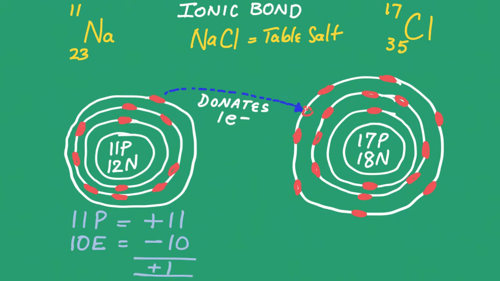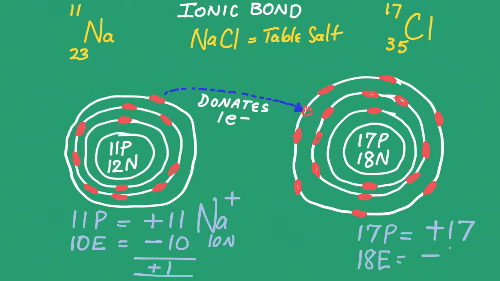It becomes more positive because it has given up 1 negative charge. The chloride, on the other hand, has received an electron, and so it has 1 extra negative charge. As a result, chlorine becomes a chloride ion, which is now negative.